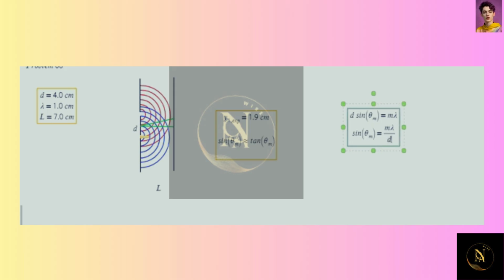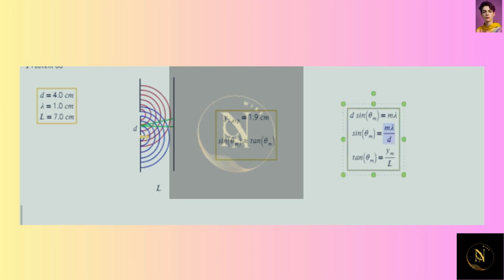From this picture, though, we can see that tangent of theta m is going to be equal to opposite, which is y sub m, over adjacent, which is L. So for small angle approximations, we can set these quantities equal to one another. Let's go ahead and do that.